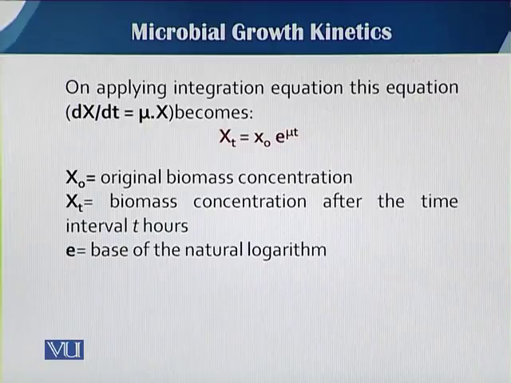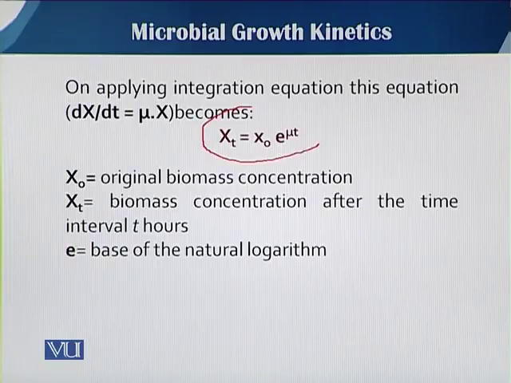When we apply integration to this previous equation, dx over dt is equal to mu dot x, it can be transformed into this equation: xt is equal to x naught e to the power mu t.